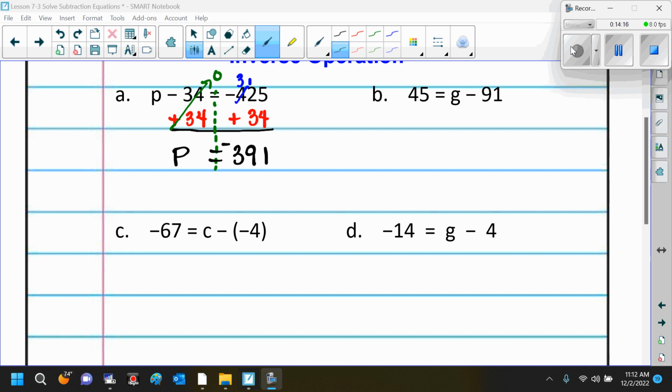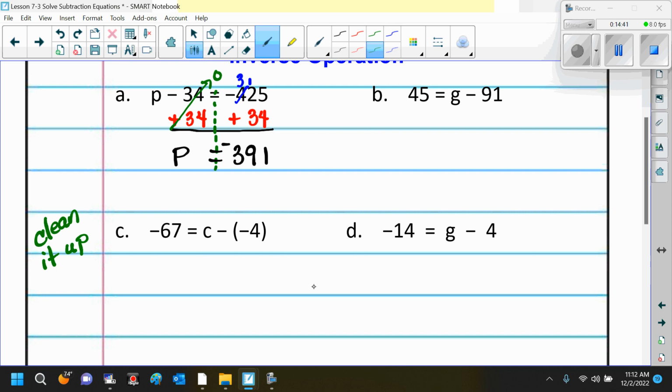Now, when you have a problem written like this, the first thing I want you to do is I want you to clean it up. All right? Write this down. Clean it up. Okay? So we have a subtraction. We have minus a negative. If you had plus a negative, I'd want you to clean that up too. Okay? But this is minus a negative.